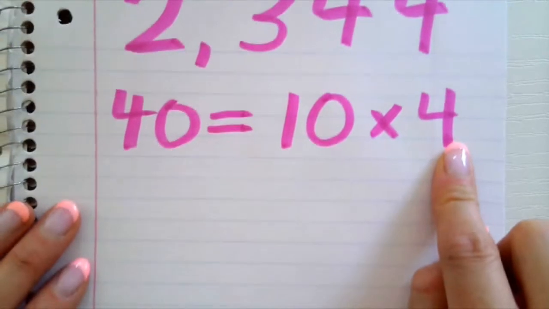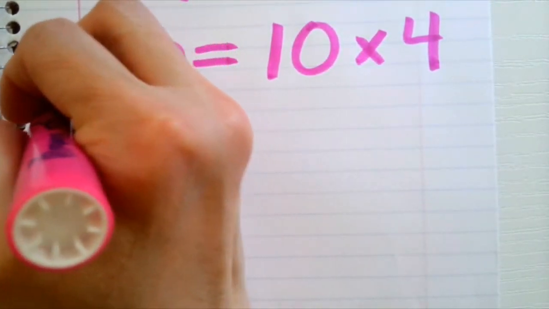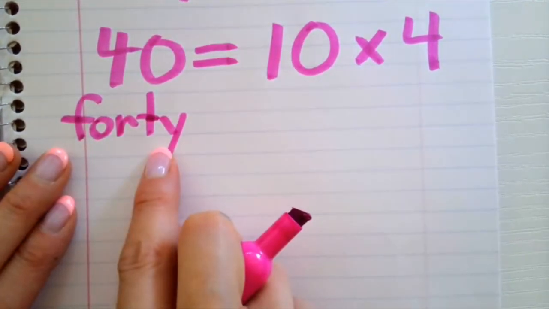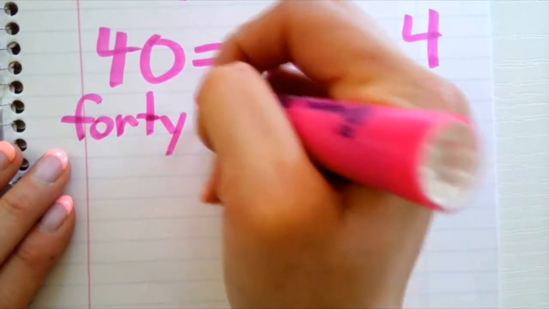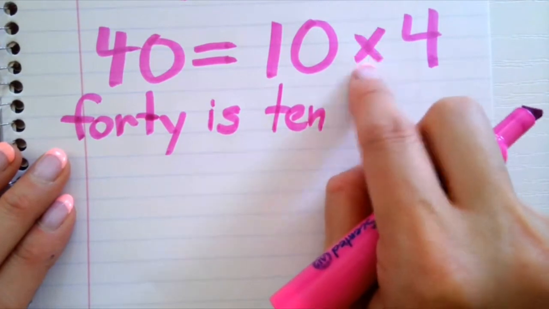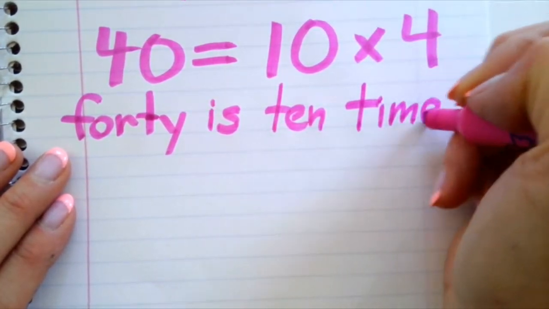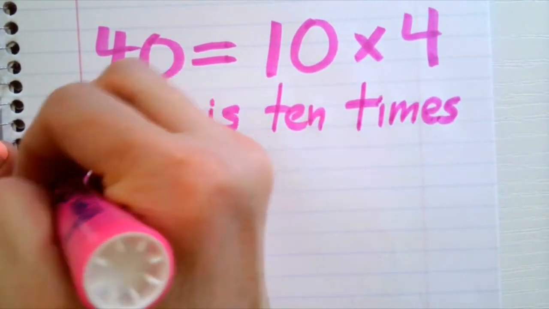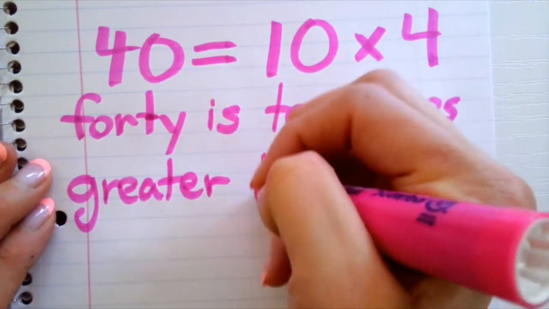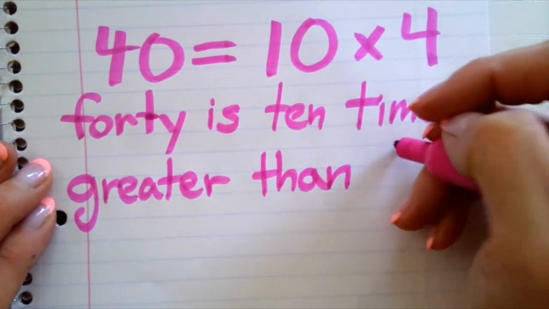Let's write that sentence down. Let's write the word 40. It's good to practice writing the words for numbers. 40 is 10 times greater than 4. We can also say times more than 4.